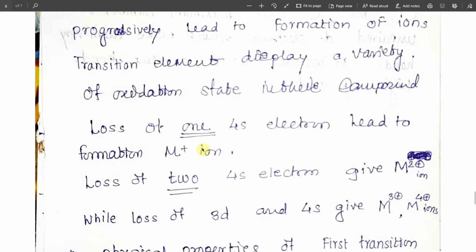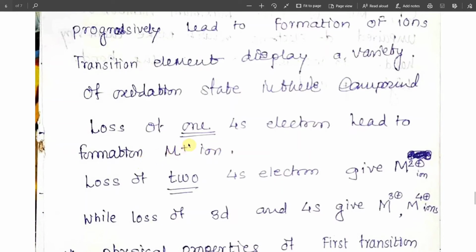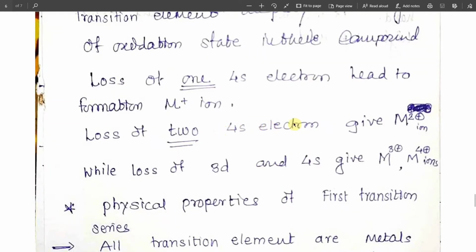Transition elements display a variety of oxidation states in their compounds. Loss of one 4s electron leads to the formation of an M+ ion.